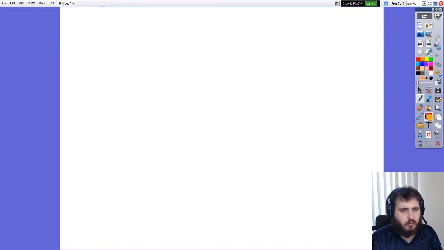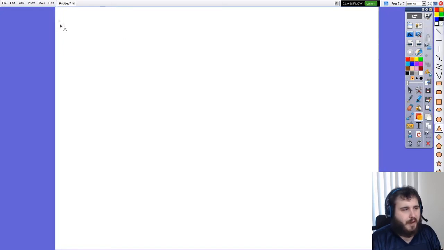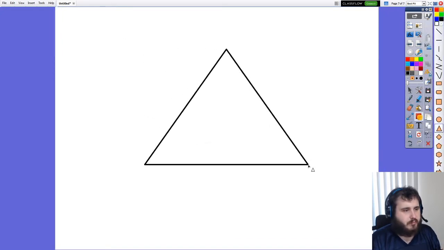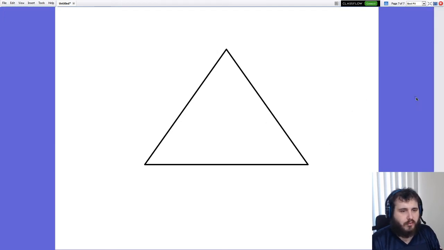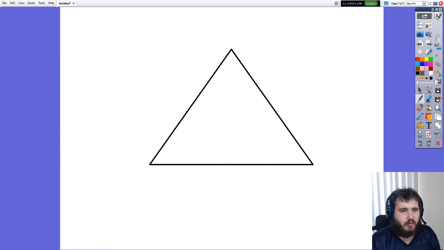If you go through, I'll go back to that problem so that you can see it better. But here's my equilateral triangle again. It doesn't matter what the length of the side is.